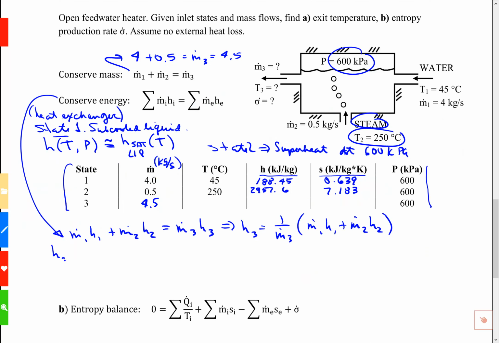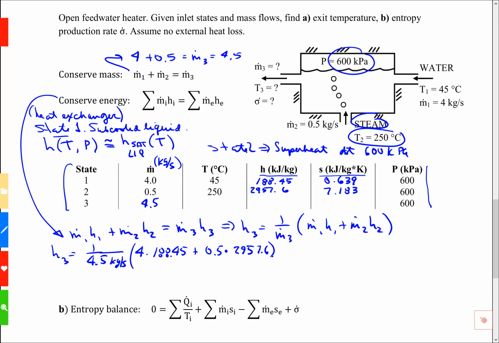H3 is going to be 1 over 4.5 kilograms per second. Then m dot 1 is 4, H1 is 188.45. M dot 2 is 0.5 times H2, which is 2957.6.